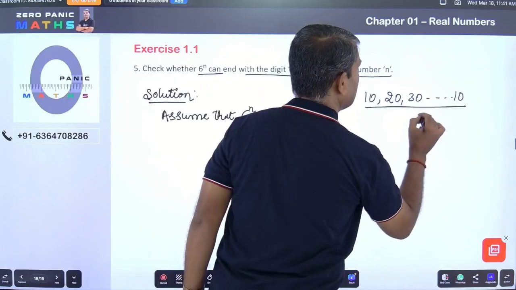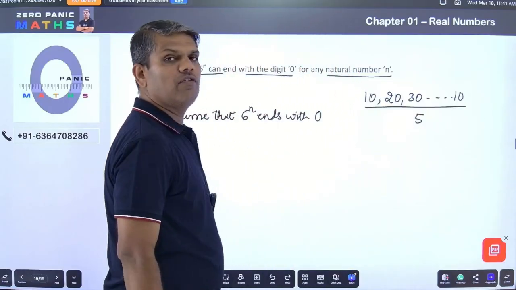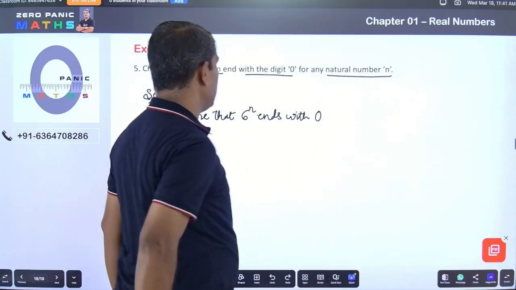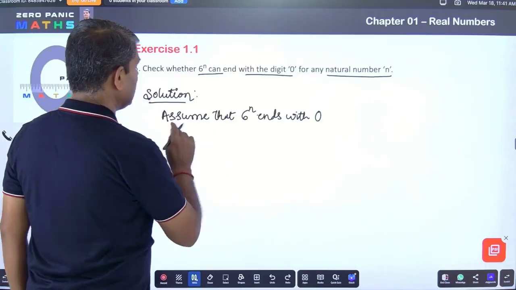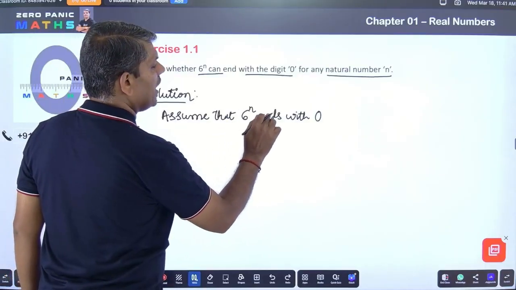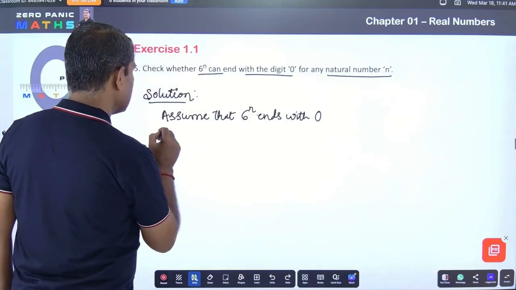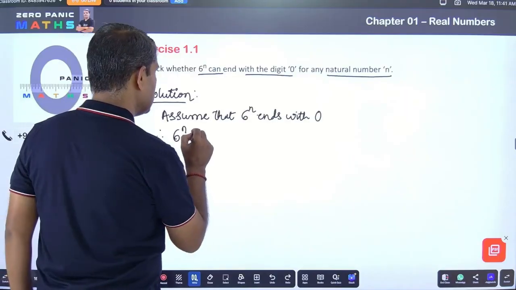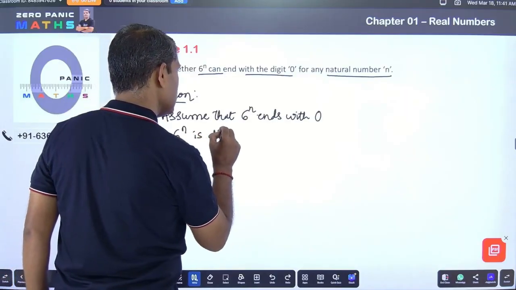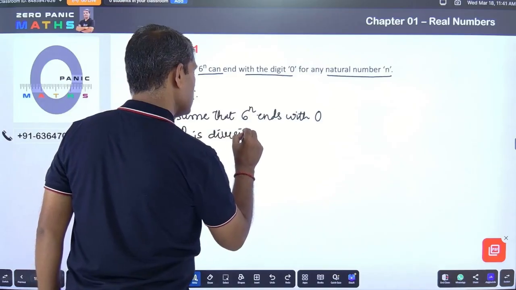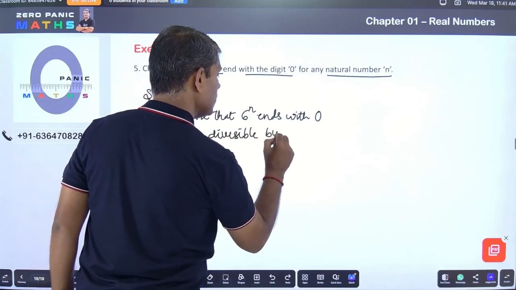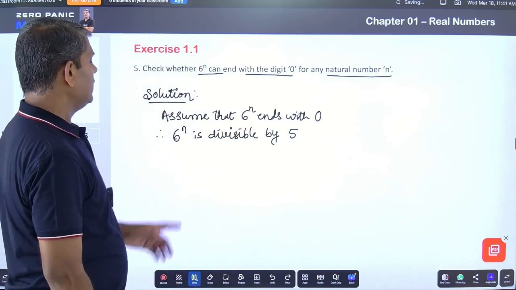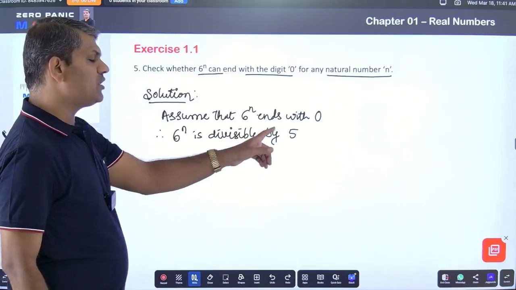It means that that number is divisible by 5. So with that knowledge, we will say that since 6 to the power of n ends with 0, 6 to the power of n is divisible by 5. Okay, so what is the meaning of 6 to the power of n being divisible by 5?